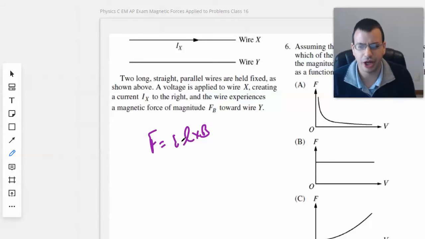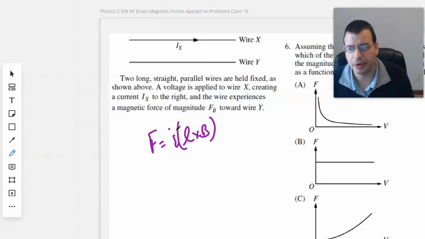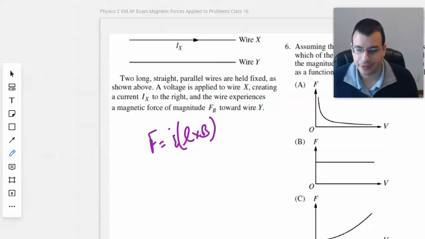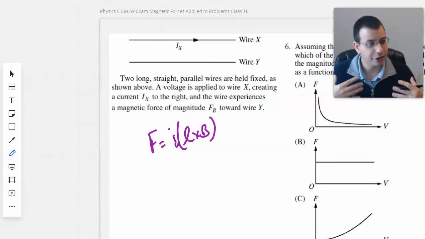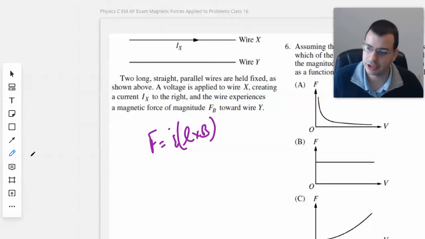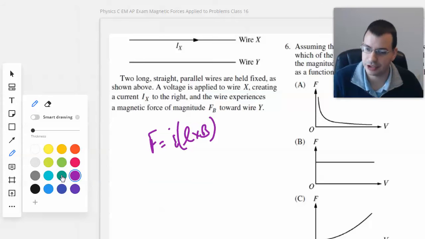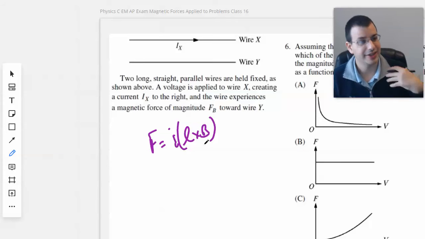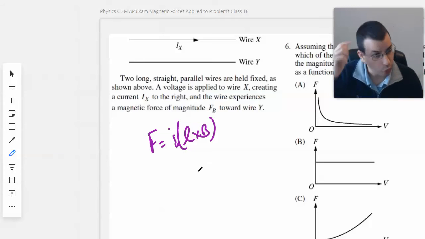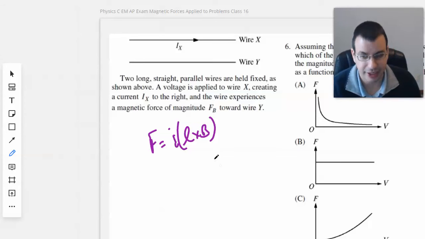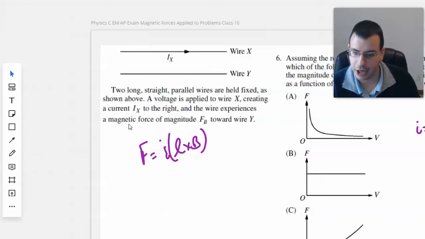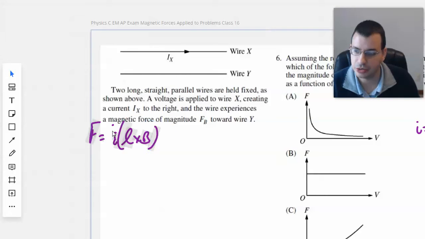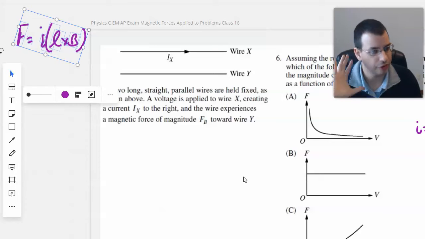F equals IL cross B. I know, I do not personally incinerate little bunnies, nor do I appreciate fire incinerating little bunnies. But fire incinerates little bunnies is the mnemonic for the force on a wire due to a magnetic field. But for this case, it's easier not to use this and just think of it more in the fundamental case.